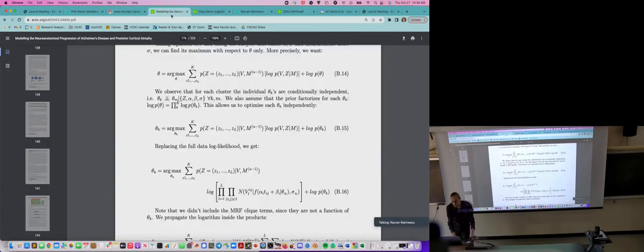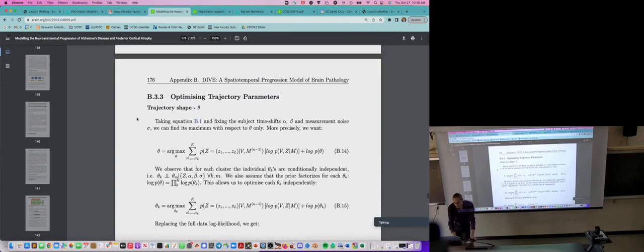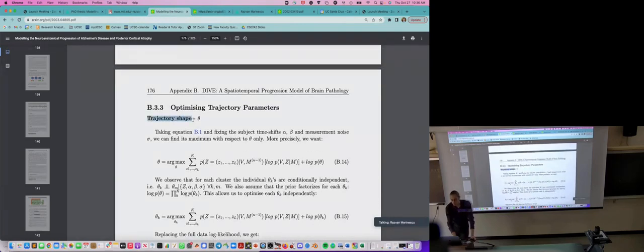I'll give it a few seconds, but the idea is, for example, that this was optimizing the shape of the trajectory of the evolution of the thinning of the cortex, how the cortex gets thinner and thinner as a sigmoidal function.